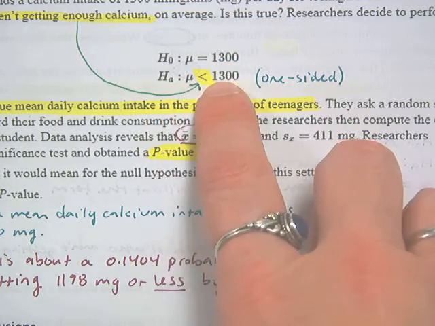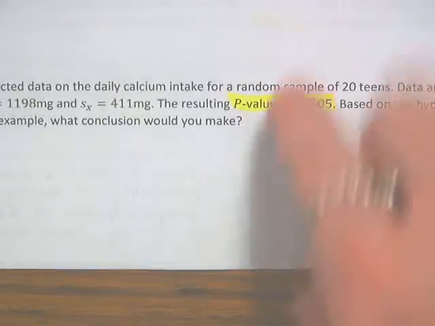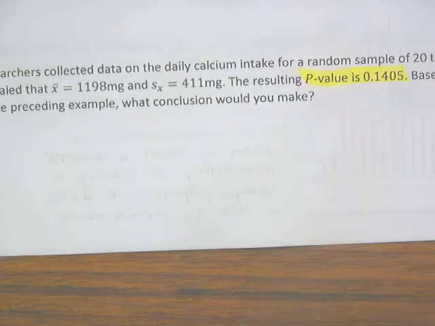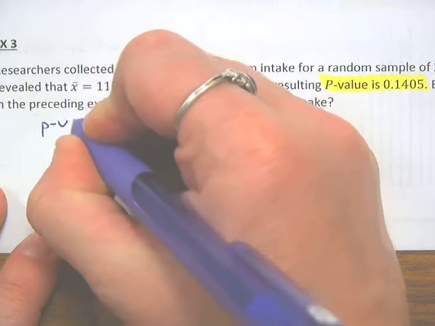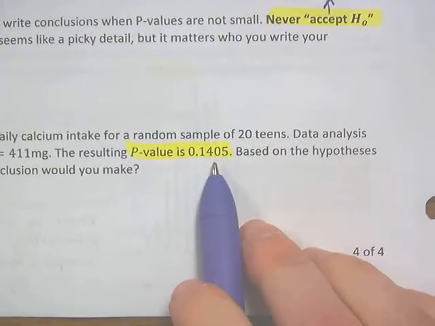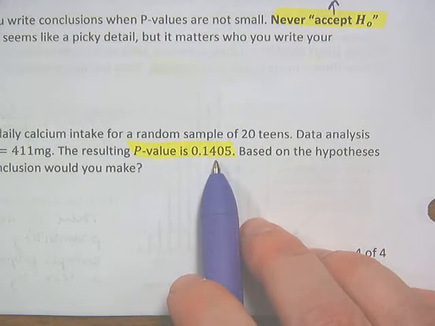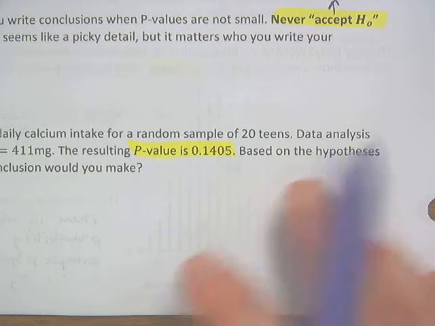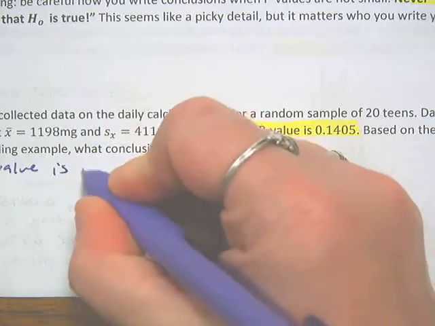The alternative is we're getting less than that. Based on this p-value, what conclusion would you make? First things first, is that p-value small or not small? It's not small. It's not 0.05 or less. So the p-value is not small.